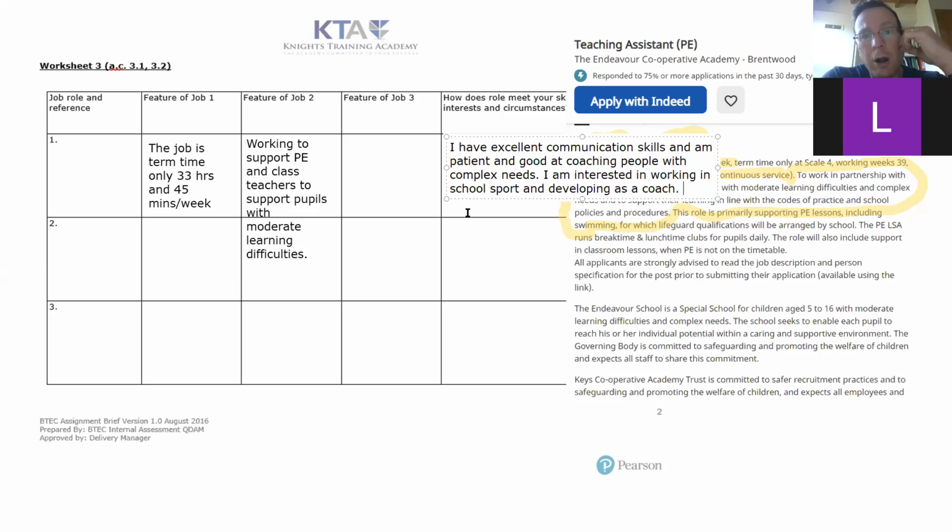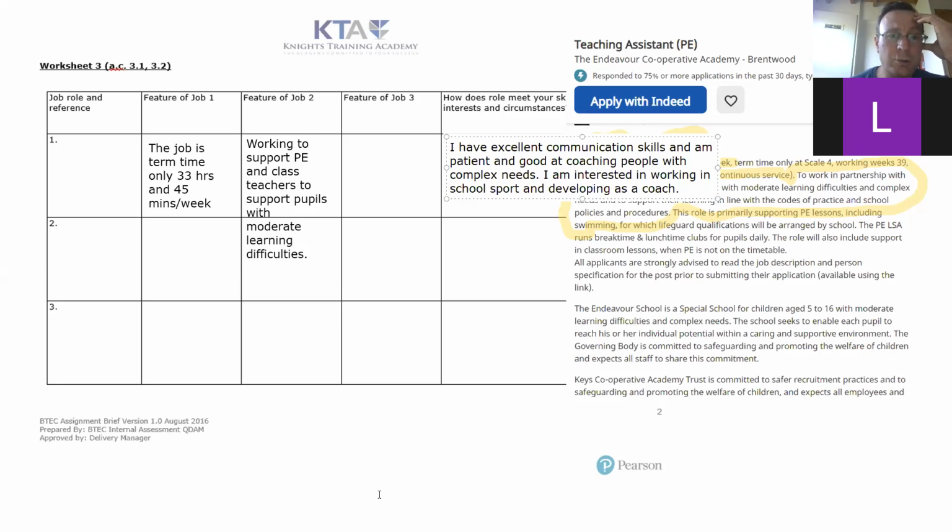How does the role meet your own skills, interests, and circumstances? Well, I've just summarised it there. I've got excellent communication skills, and I'm patient and good at coaching people with complex needs. I'm interested in working in school sport and developing as a coach. So that's kind of it really.